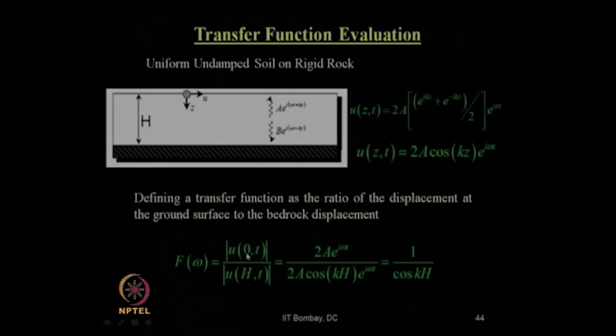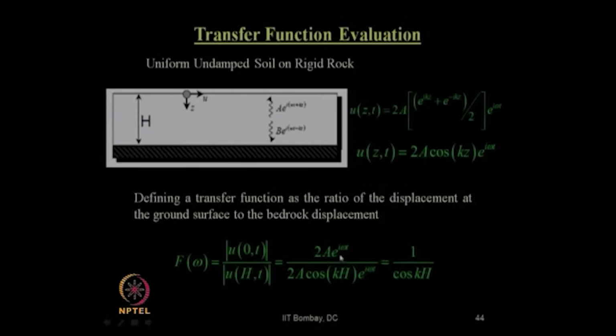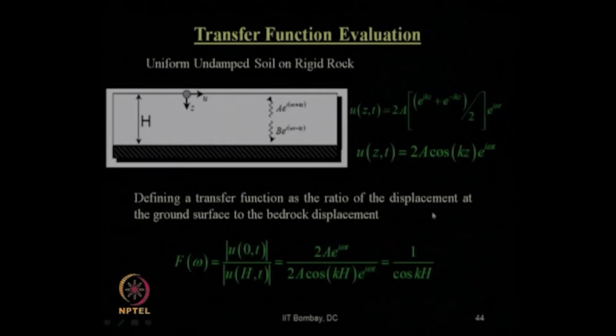What is u of 0, t? If you put z equals 0, you get 2a e to the power i omega t. And if you put z equals h at bedrock, you get 2a cosine of kh times e to the power i omega t. So, the final output, the transfer function, is 1 by cosine of kh.